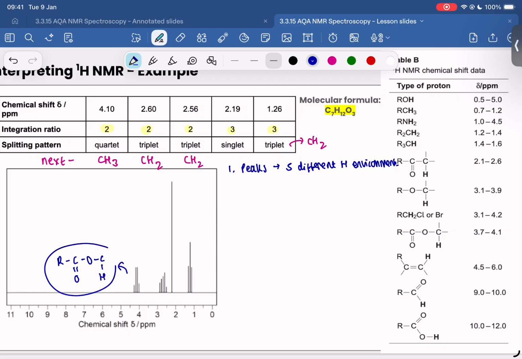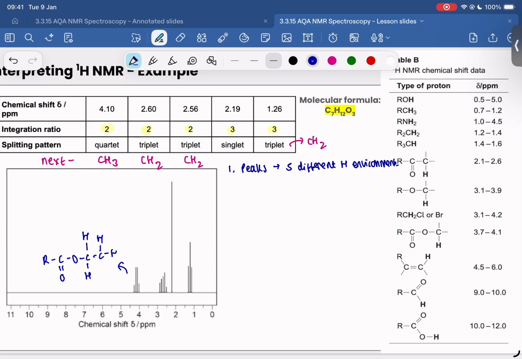Now I'm going to start drawing out the number of hydrogen atoms, because the integration ratio says there are 2 hydrogen atoms attached to it. So I'm going to draw the 2 hydrogen atoms attached to it. Basically, I'm breaking down the larger molecule into smaller molecules so that I can then put it all together to form the final structure. As you can see in pink, I've already hypothesized that this might be next to a CH3, so I'm going to write that down as well.